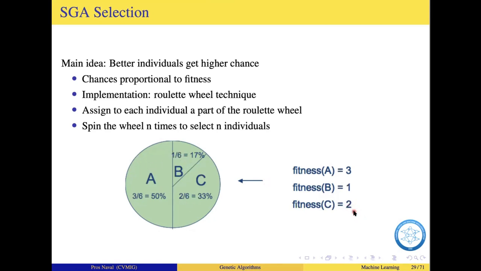And lastly, for individual C, you have this part, which is 33% of the entire area. Then you spin this wheel 3 times, and you get the corresponding individuals.